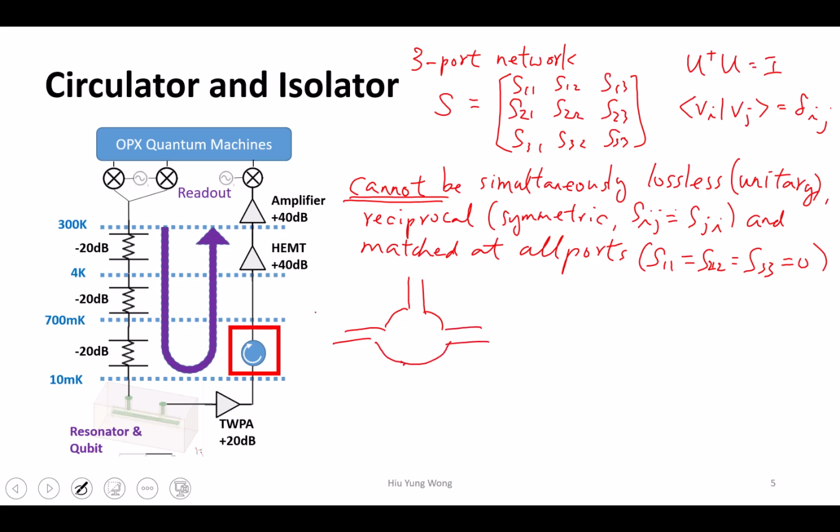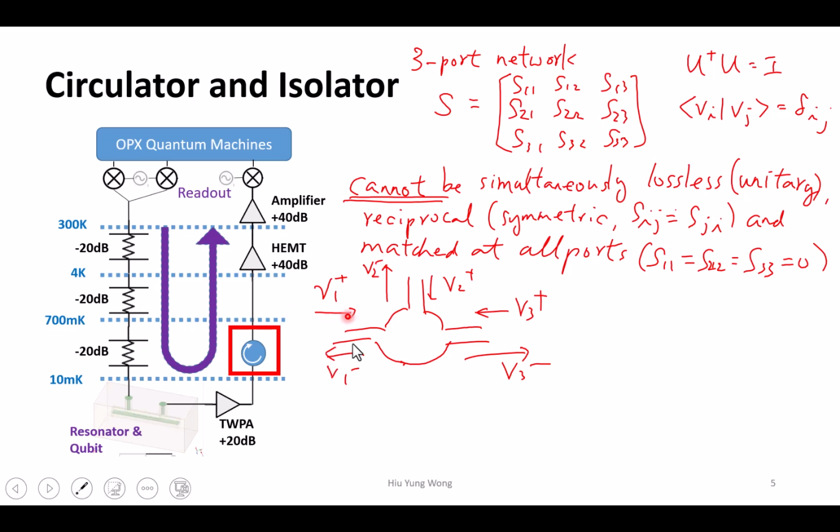So we have V1 plus, V2 plus, V3 plus, correct? And then you might have this V1 minus, V3 minus, and then V2 minus, right?